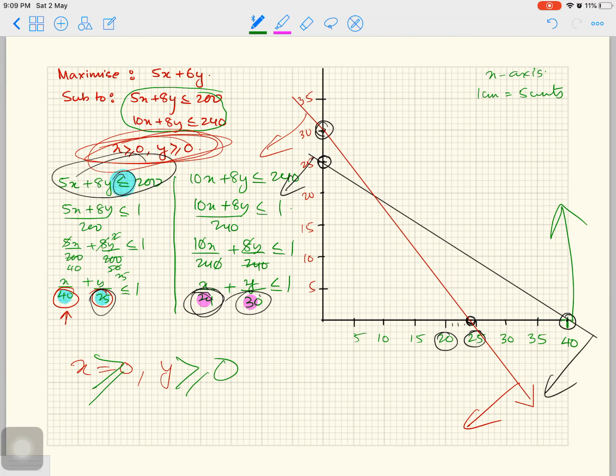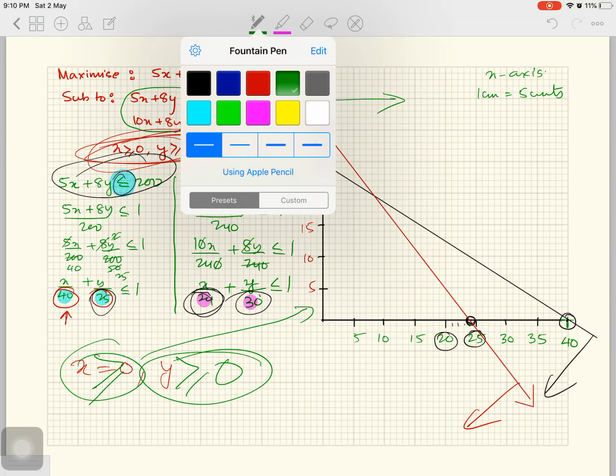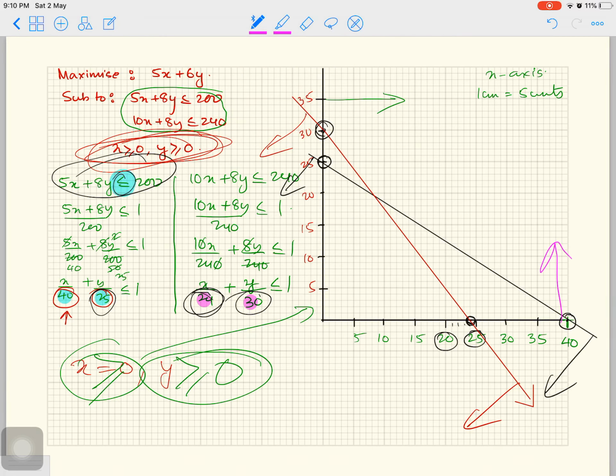X greater than 0 means the y-axis is greater towards the right, that's it. And y greater than 0 means the x-axis, it's greater towards up, like this.